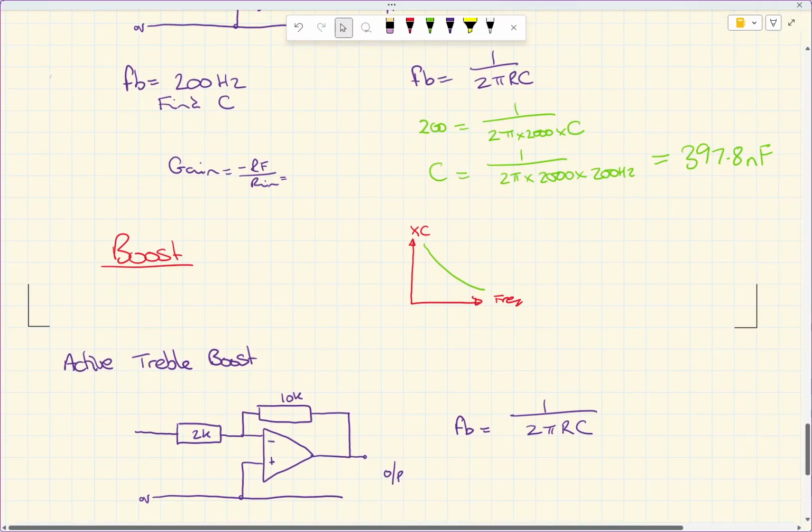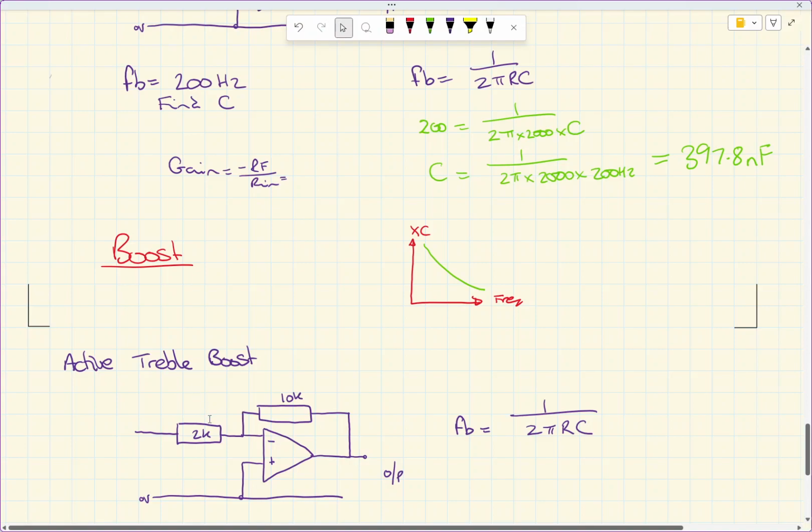If we've got a circuit that looks like this, where do we put the capacitor? In order to boost the circuit, in other words, to change the gain, we can either affect this value of resistance, or we can affect this value of resistance. We want to make the gain bigger at high frequency.